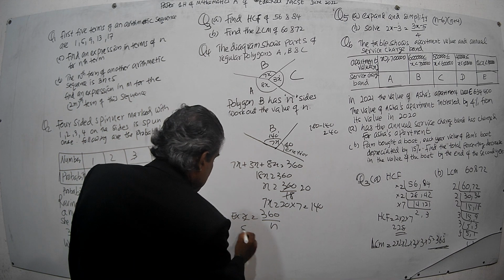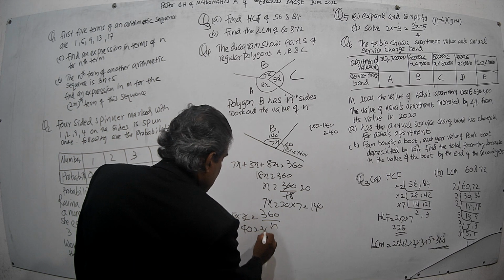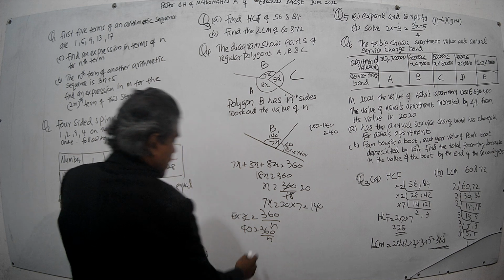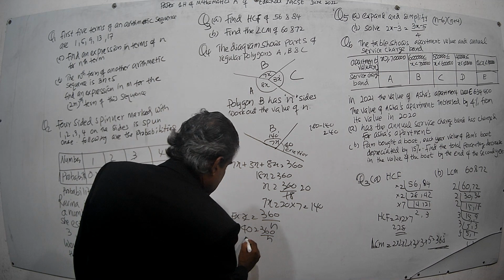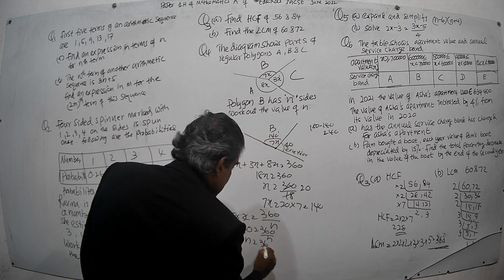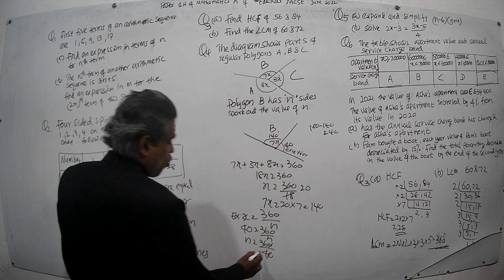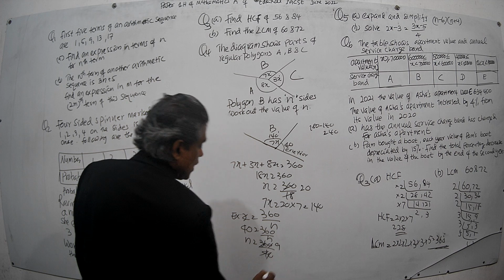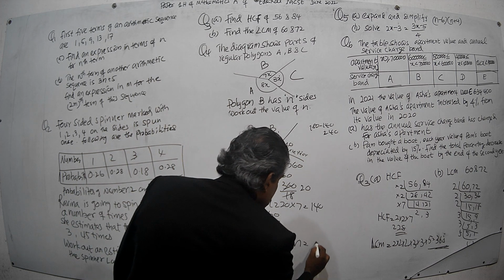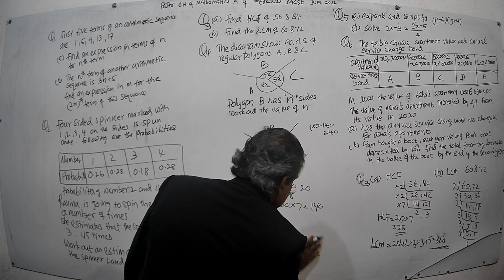Then put here 40, then 360 over n. Then take n to this side, bring the 40 down. Then n equals 360 over 40. And then cancel. 4 times 9 is 36, so n equals 9. Done.